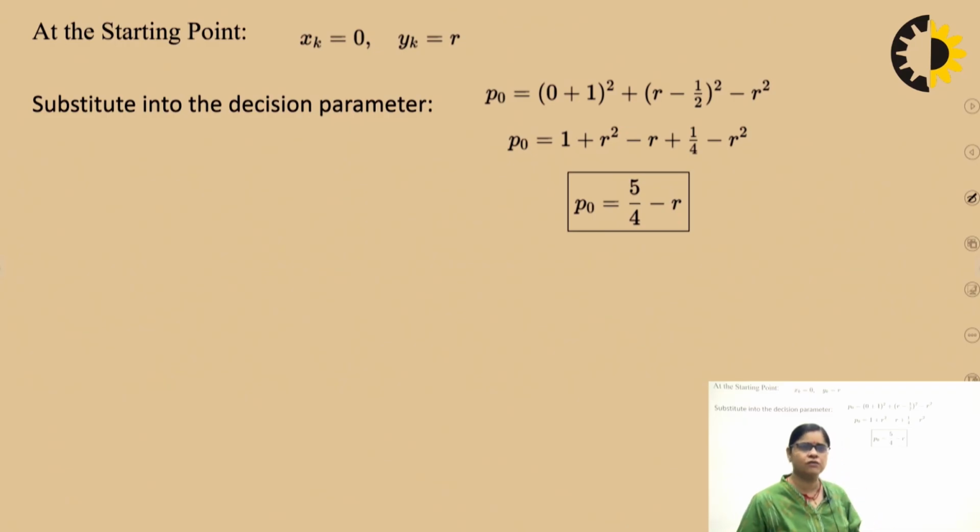So in some books you will find p naught is equal to 5 by 4 minus r, or in some textbooks you will find p naught is equal to 1 minus r. That is equivalent. It is up to you which formula you take for the decision parameter, right?